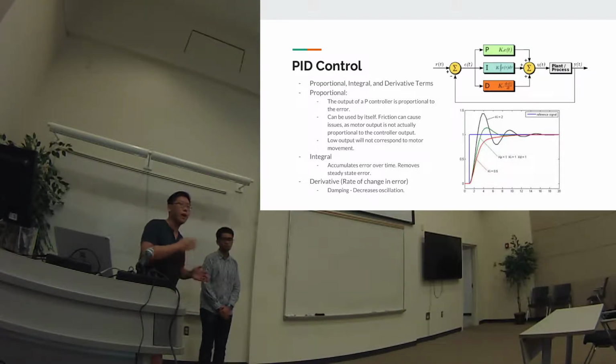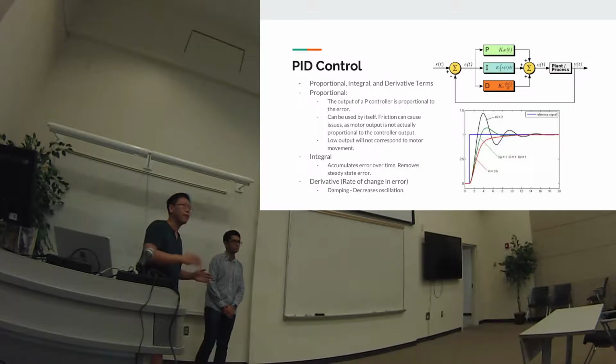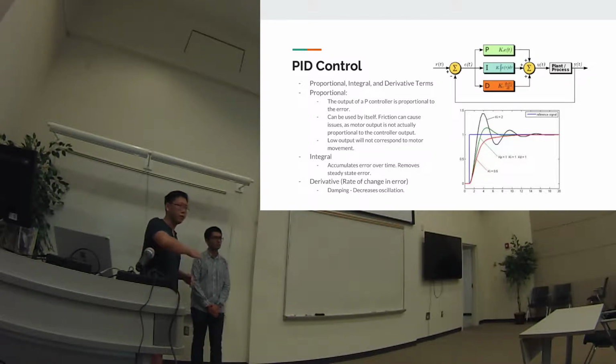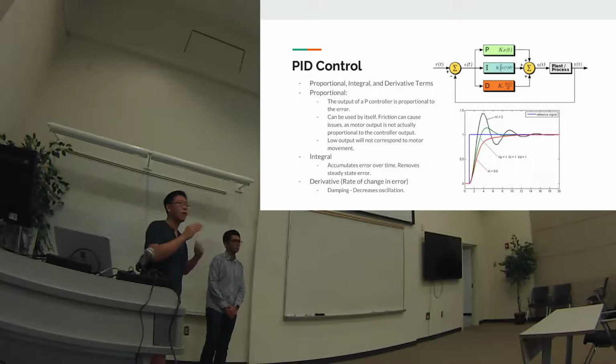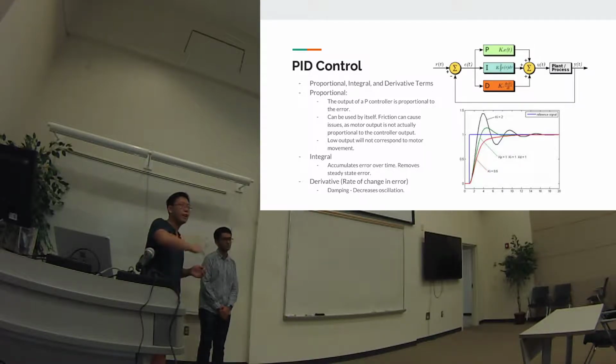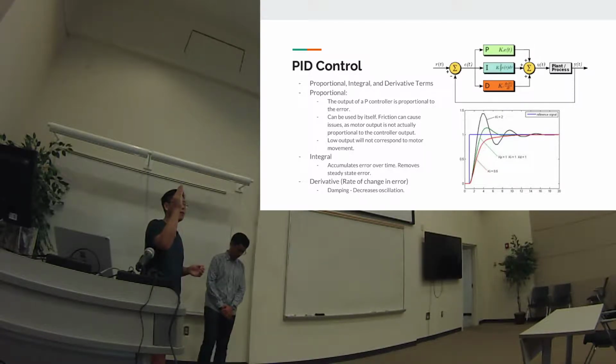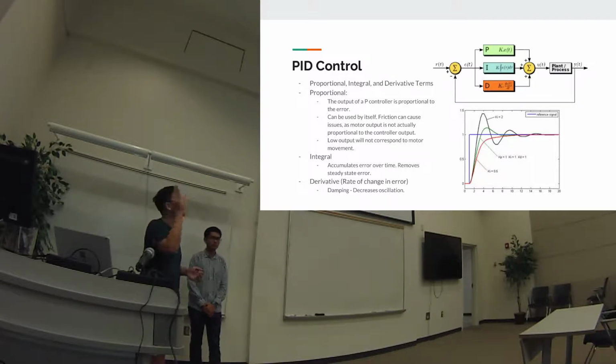As you get closer to your set point, it proportionally decreases the output of the controller. Let's say we have an arm at 0 degrees and we want it to get to 45 degrees. As it approaches 45 degrees, the controller will automatically lower its output, so it'll go fast at the beginning and then slow down, and then it might oscillate at the point.